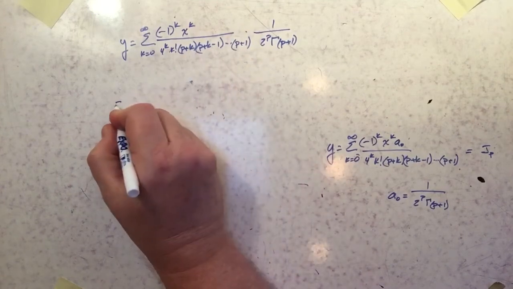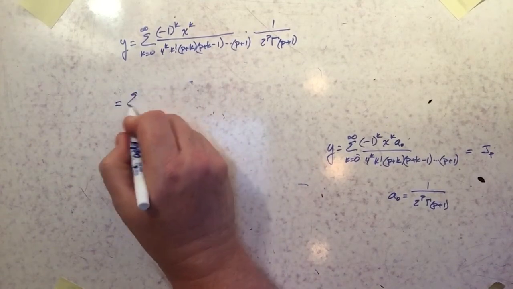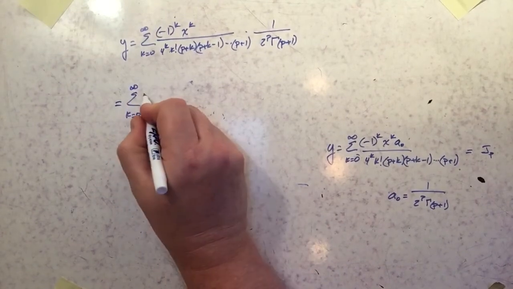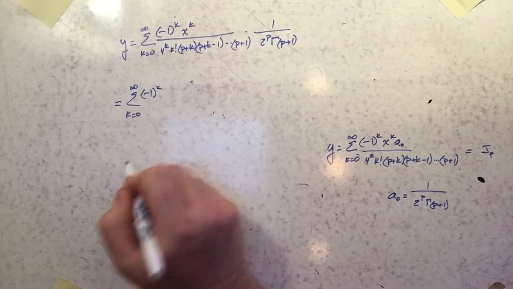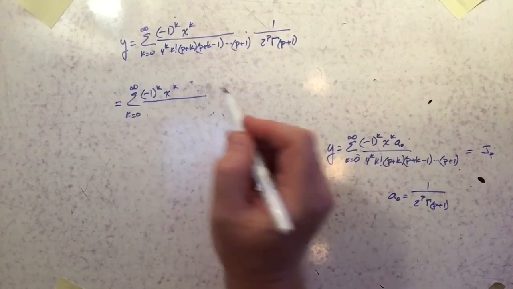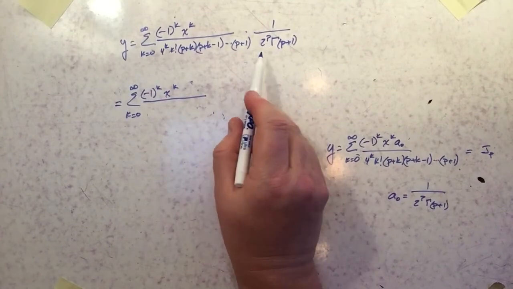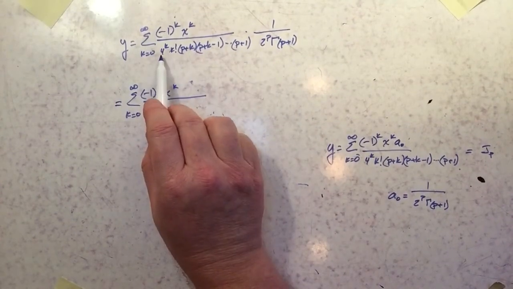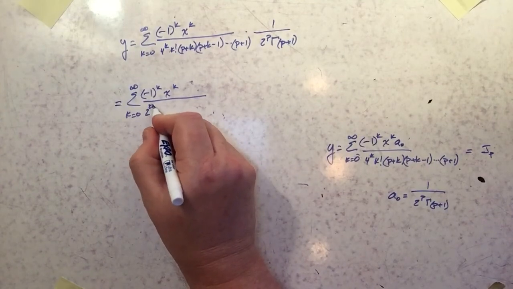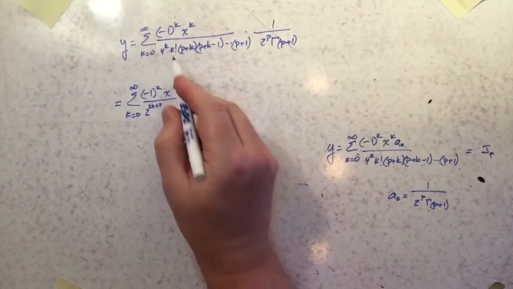So here's my rewriting of this. I'm going to go summation k equals 0 to infinity of negative 1 to the k, x to the k. And then the denominator is going to look a lot cleaner now. We're going to end up with 2 to the 2k plus p, k factorial.